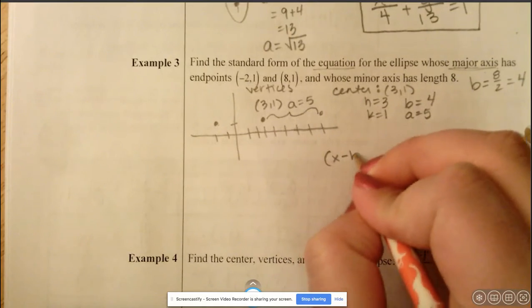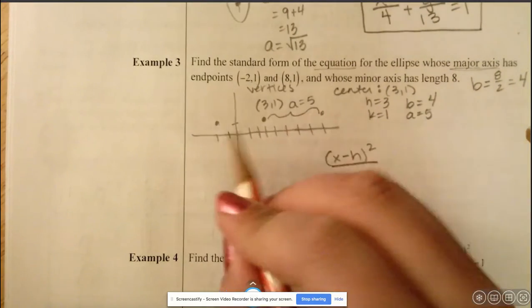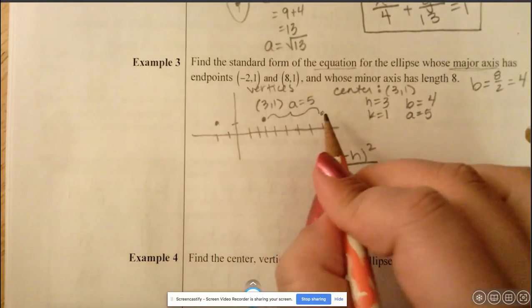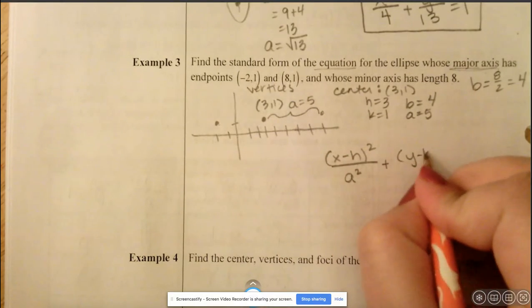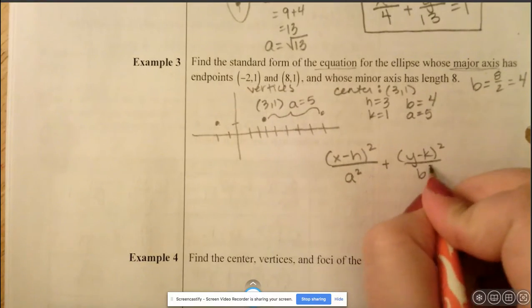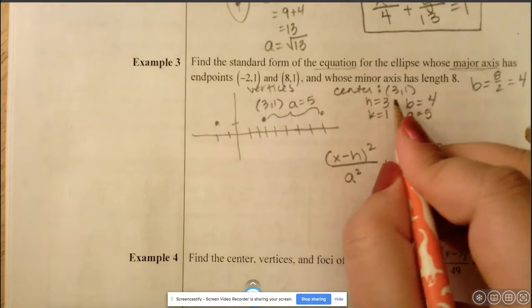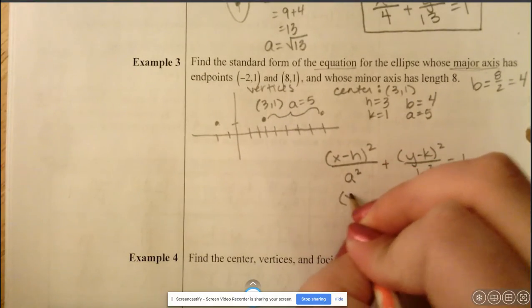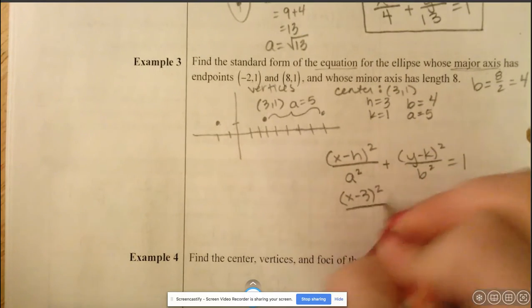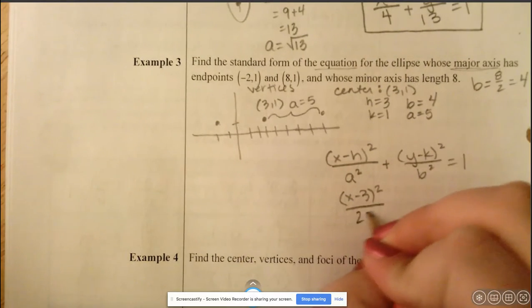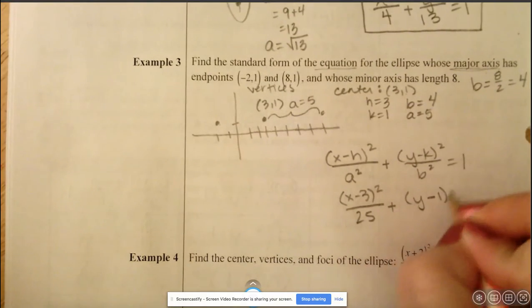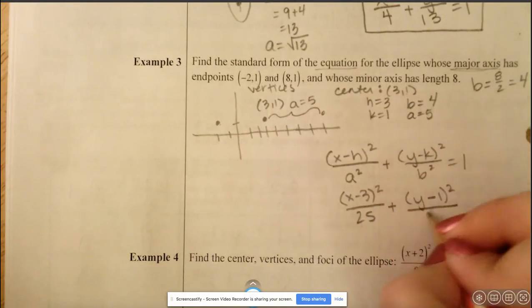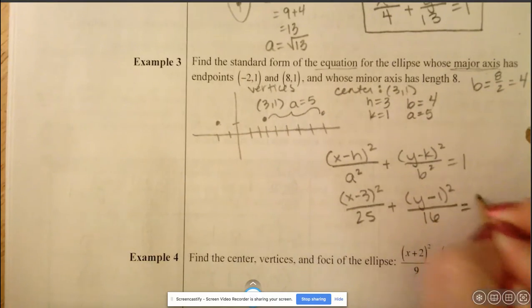X minus h squared over, our major axis is in the x direction, so that's A, plus y minus k squared over b squared equals 1. H is 3. X minus 3 squared over A is 5, 25, plus y minus k is 1 over b squared equals 1.